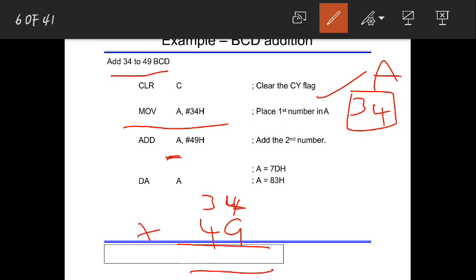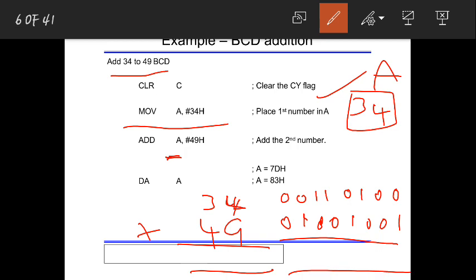Both will be converted to binary. 34 in binary is 0011 0100. Next 49: 4 is 0100, and 9 is 1001. So this is a normal binary addition.